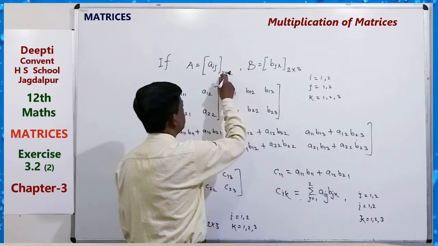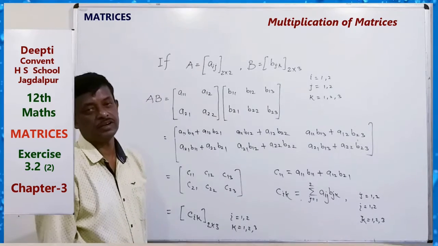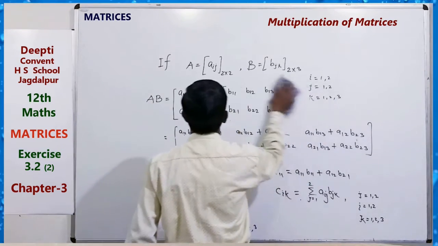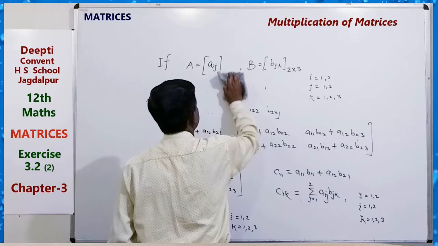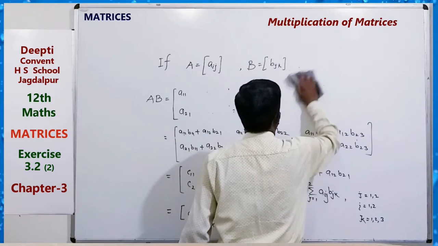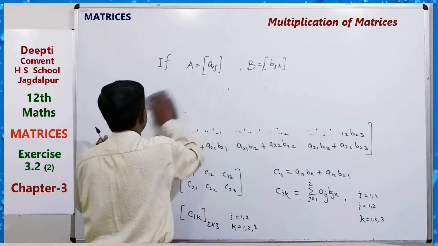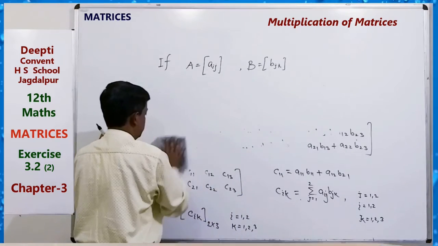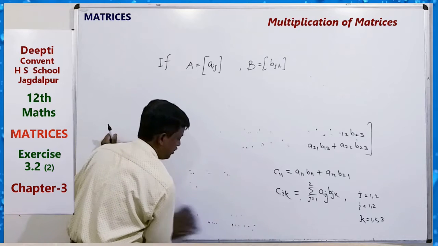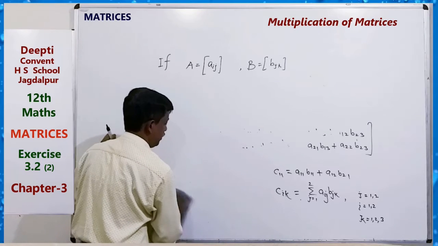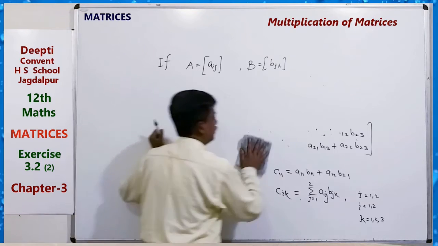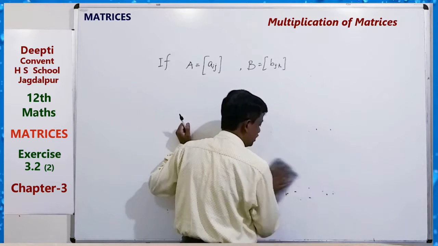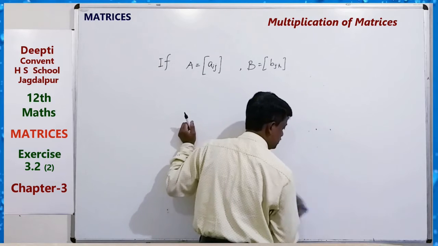If we write the element in general form, so how can we write its product form? So multiplication is very, very important. So remember it. Okay, always.